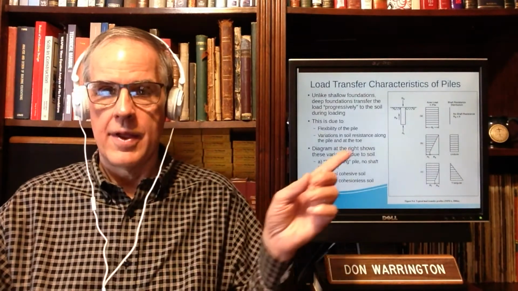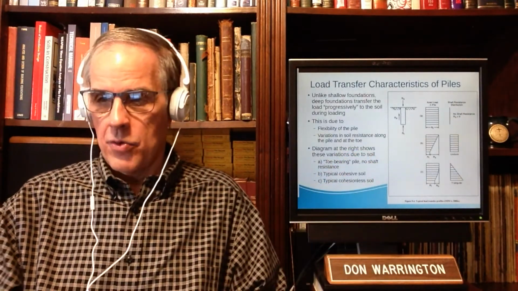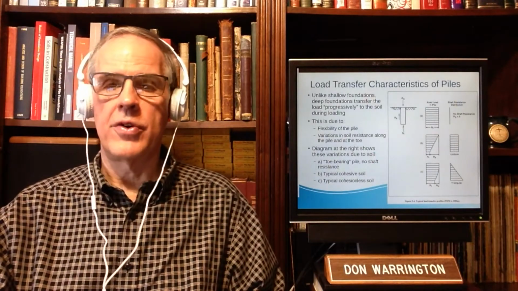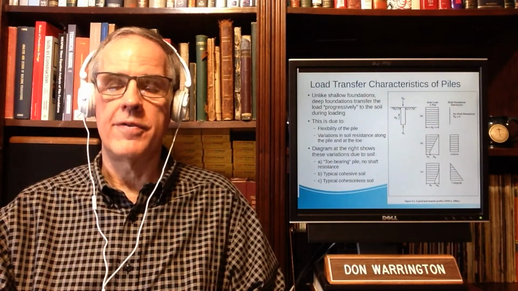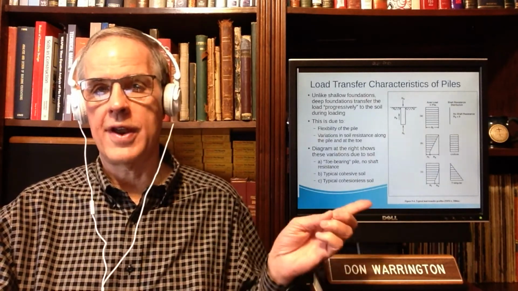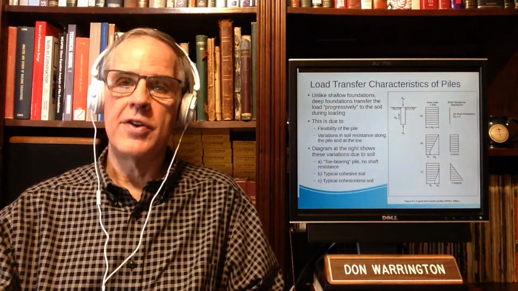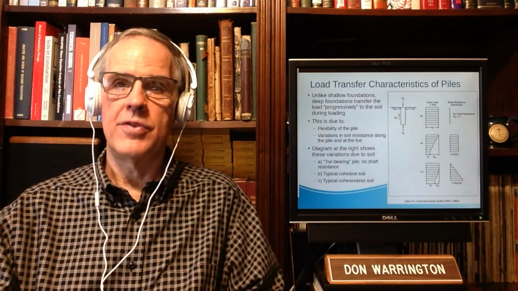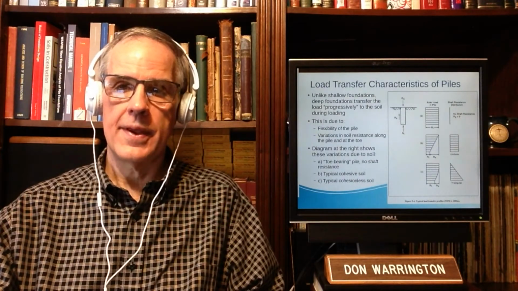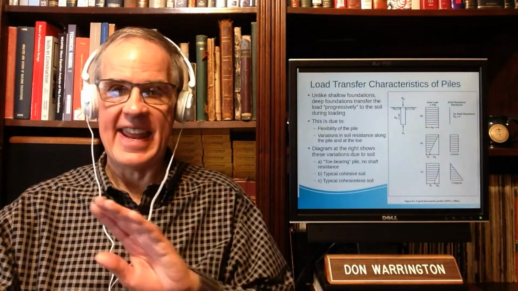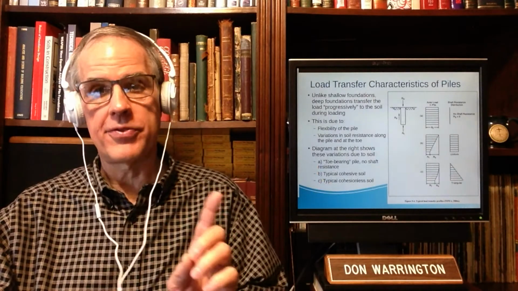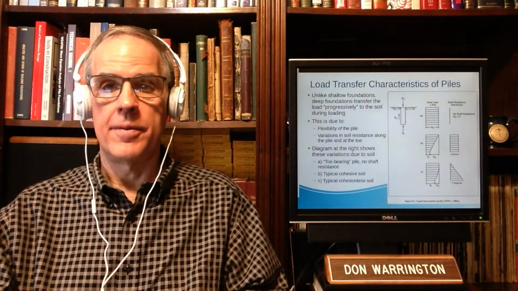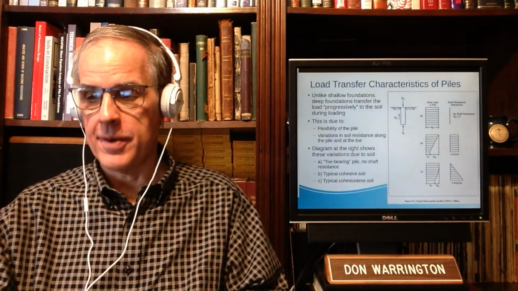With cohesionless soils, it's dependent upon the effective stress, so you get your classic triangle variation. I'm going to show that the last case can be used to design any driven piles. Now with drill shafts, it's a different story, and I'm going to explain why in just a minute.